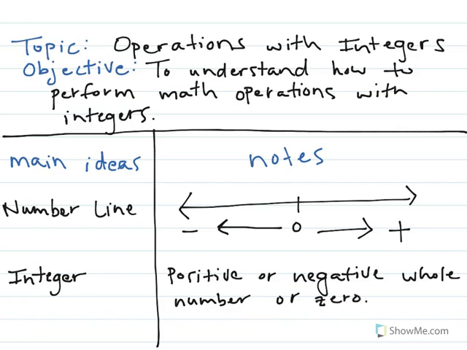So examples of integers would be things like -5, -3, 1, 7, 102, or 0. And lots of other things as well.